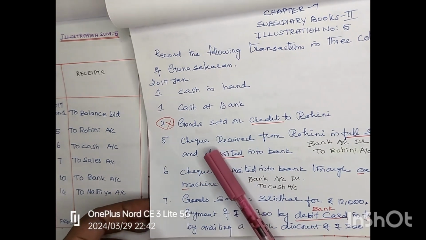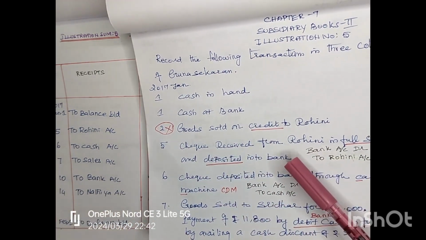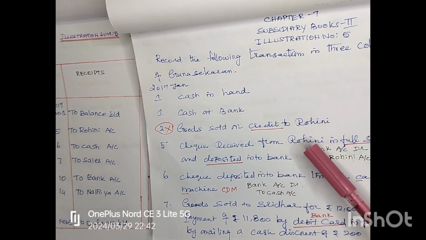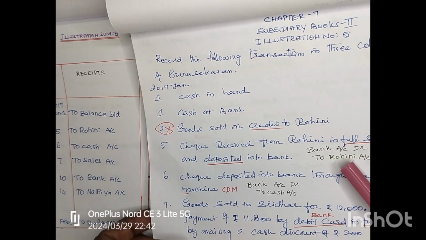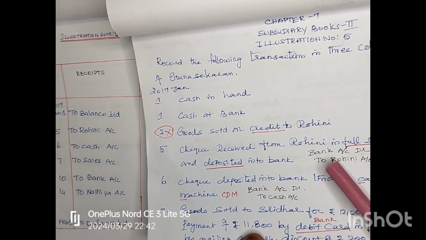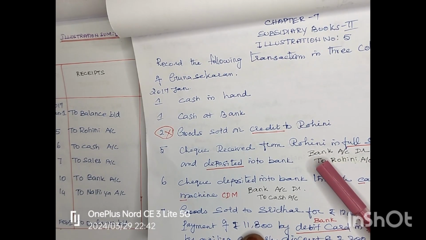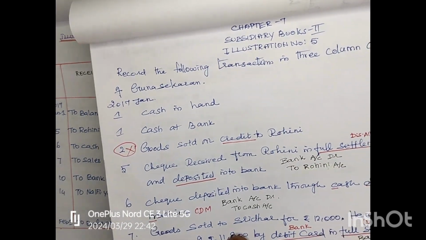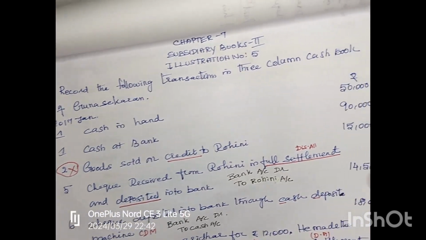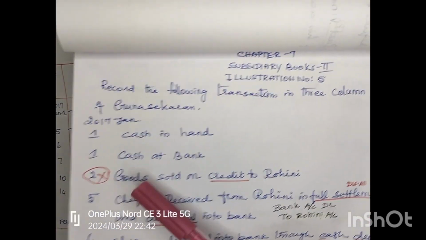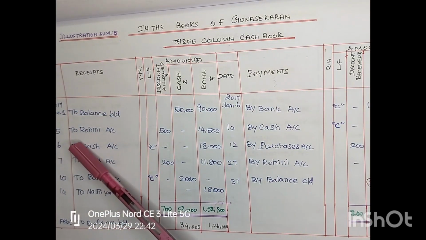Listen here, what does this transaction tell us? We received a cheque from Rohini, which means our bank account increases. So we go to the debtor side, and in the bank column we enter the given amount, that is 14,500, dated January 5, To Rohini account.